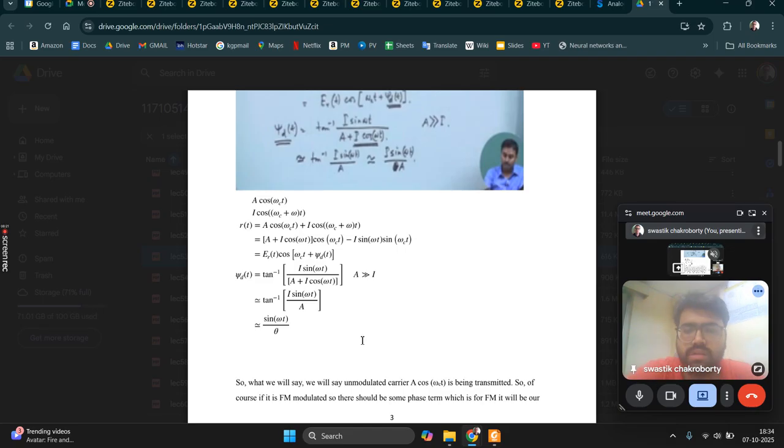This will give rise to a single cosine term where this angle psi d is given as tan inverse of this. If we assume that A is much greater than I, then we can ignore I cos omega t, because the carrier amplitude will be much greater than the noise. So we get tan inverse of I sin omega t by A, which is approximately I sin omega t by A.